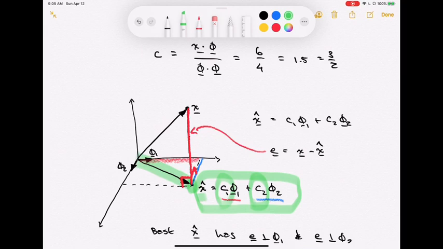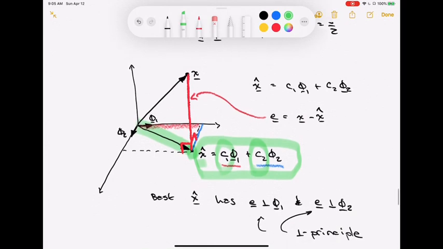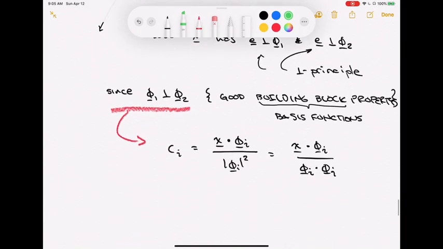The orthogonality principle tells us how to find those C's. We want to project x down into the phi1, phi2 plane, and when we do, that ensures that the error is orthogonal to both phi1 and phi2. If phi1 and phi2 are orthogonal to each other, we can find those coefficients just by projecting x individually onto phi1 or phi2, dividing by the size of phi1 or phi2 squared.